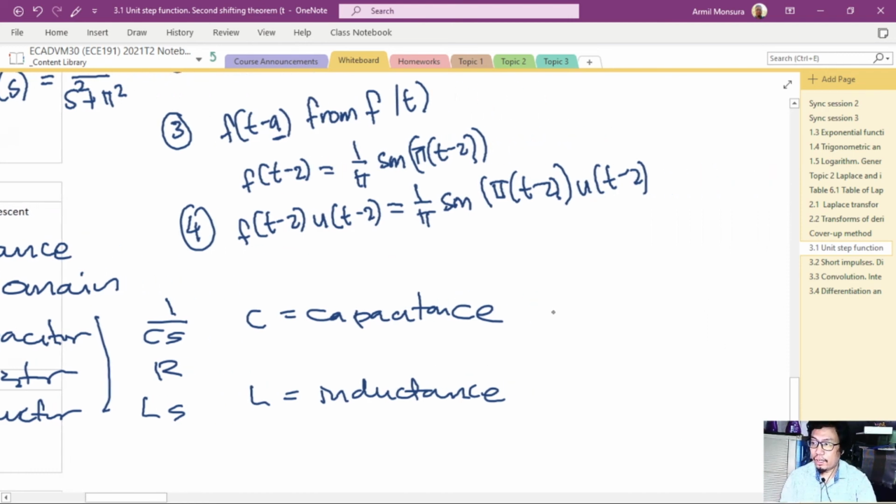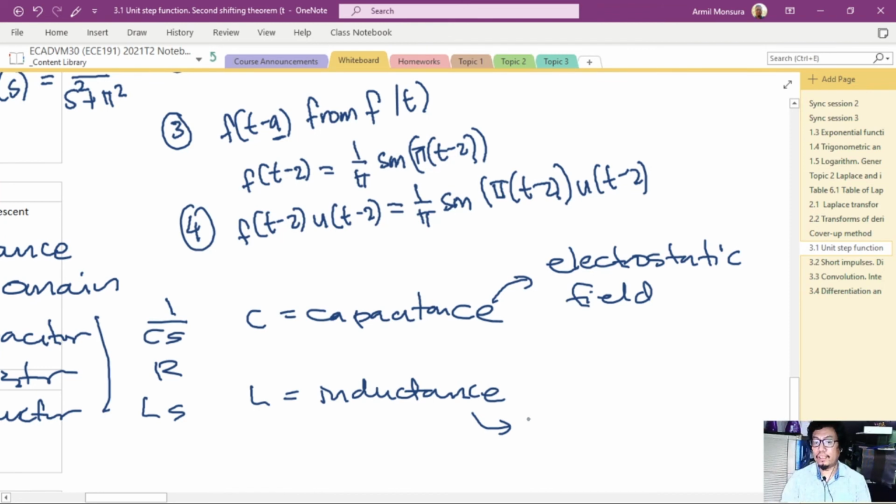So capacitance measures the ability of your material to store electrical energy in an electrostatic field, while inductance measures the ability of your material to store energy in a magnetic field.